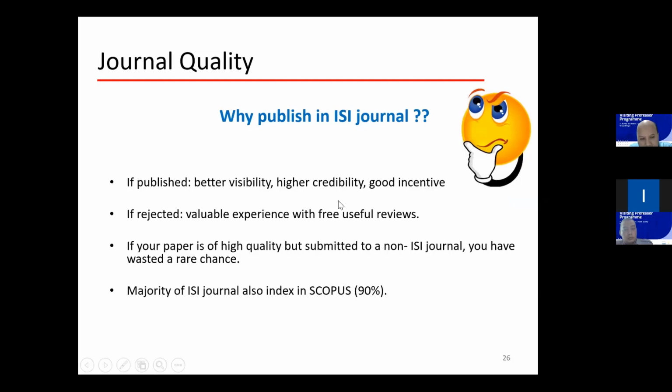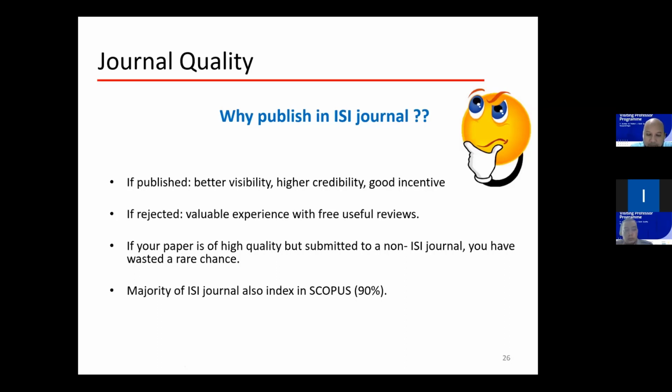Higher credibility, because most of the journals, like Q1, have a good review process and it is not easy. It's not that straightforward. So for Q1 journals, for example, the one that I know better is in the power system area, sometimes they have more than 5 reviewers.